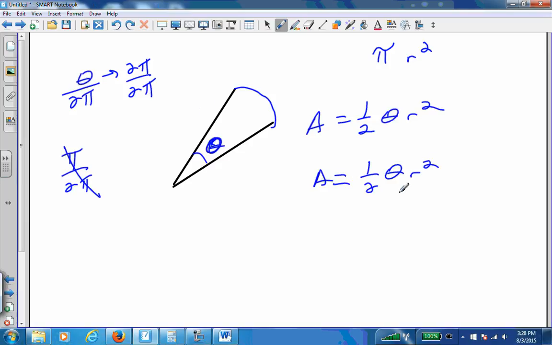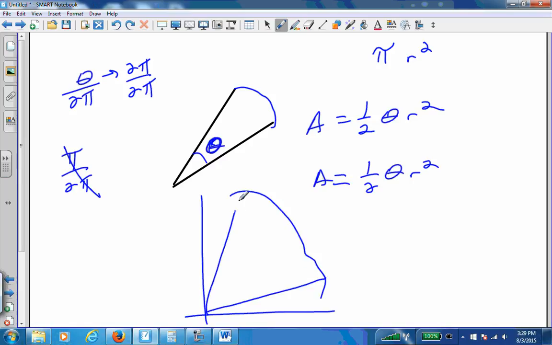So what we're going to want to do is, if we have some curve, we want to integrate from here to here, then we're going to break that into lots and lots of different sectors, and we're going to add all of those areas up.